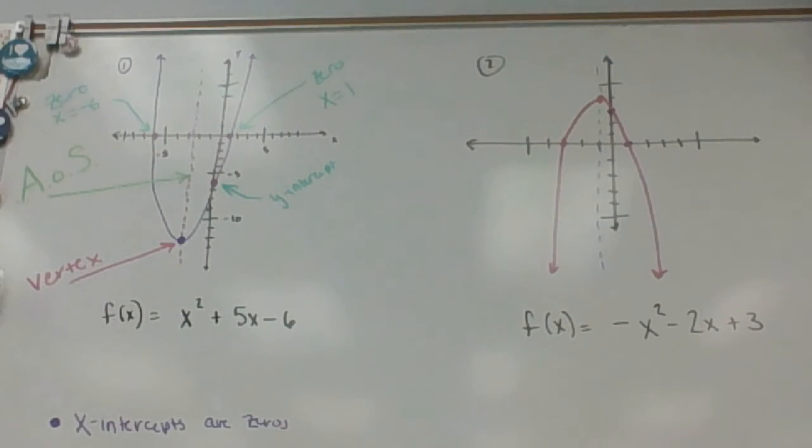The negative sign in front. Okay, so negative sign in front means that the arrows point down. Can you guys see this green color in the back? If the arrows point down, the graph has a maximum.